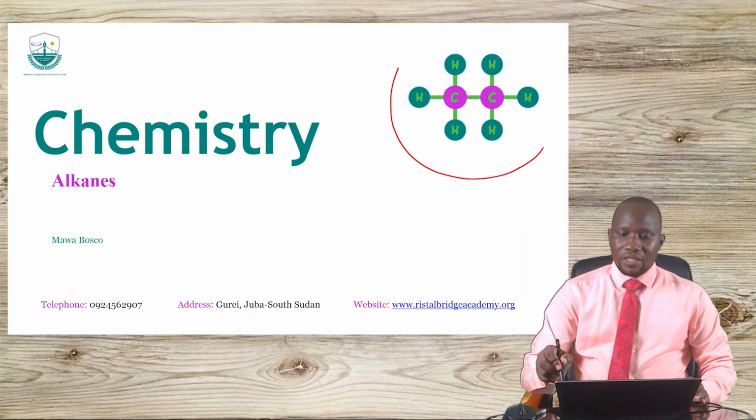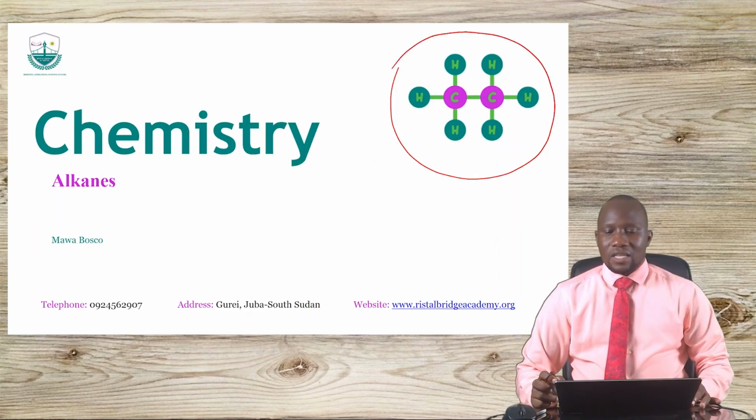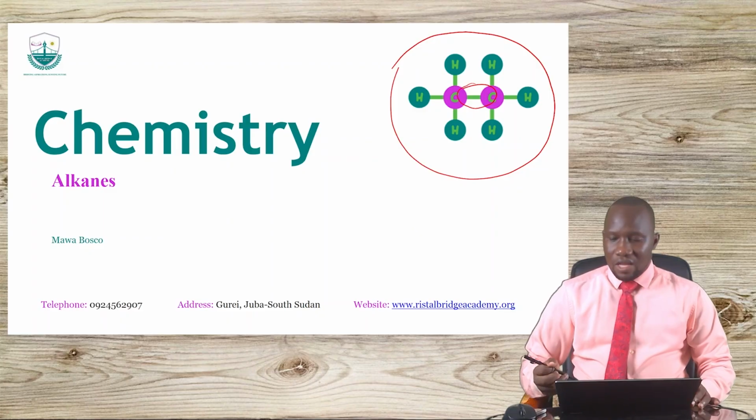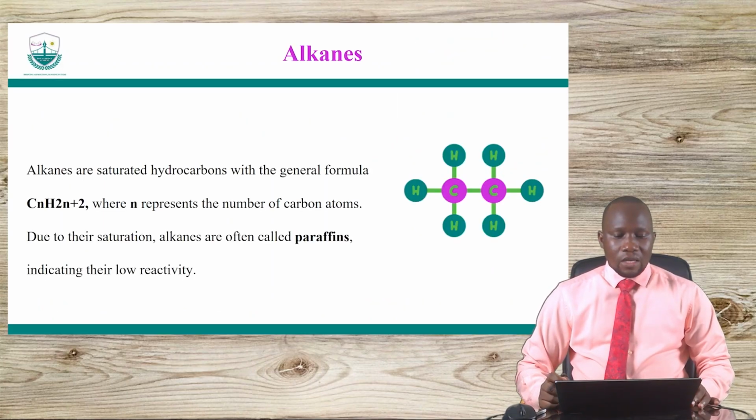Okay, so let's basically start. You can notice in this image here that you have a single bond between carbon and carbon, and this is basically characteristic of the alkanes, and that's why we have that picture there. So because of the single bond, we call them saturated.